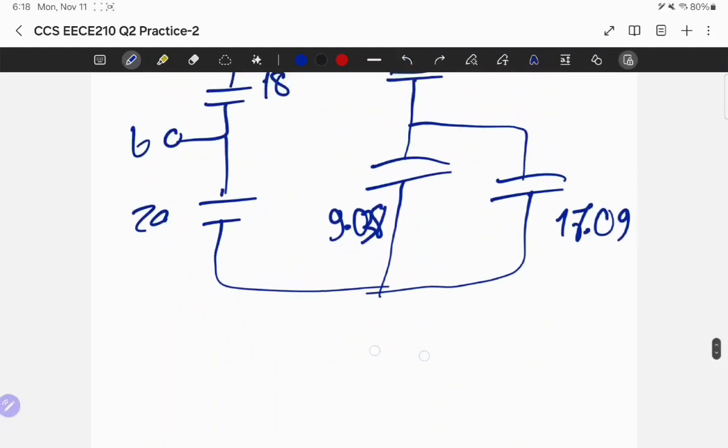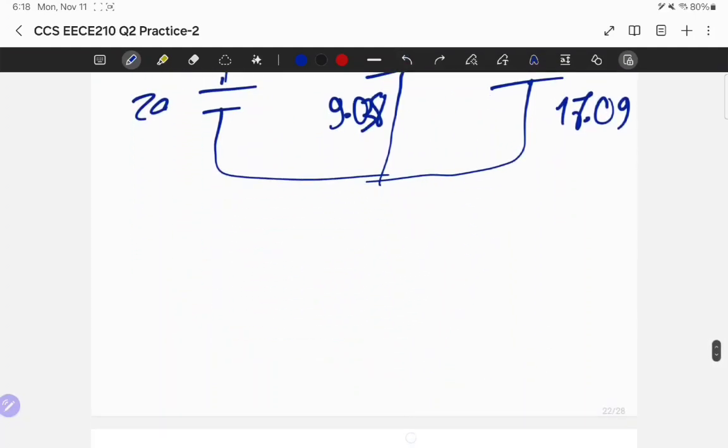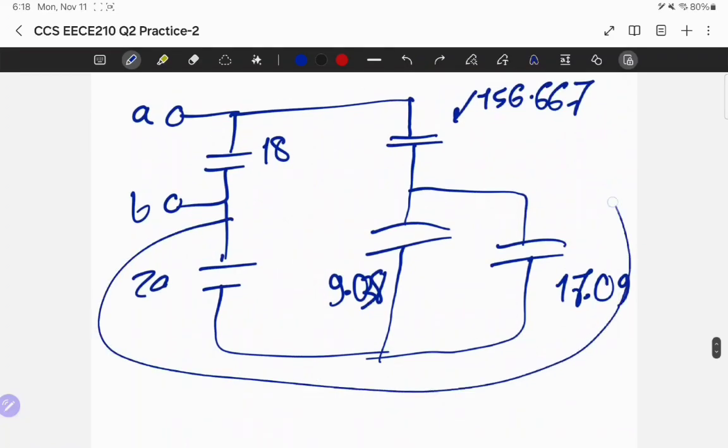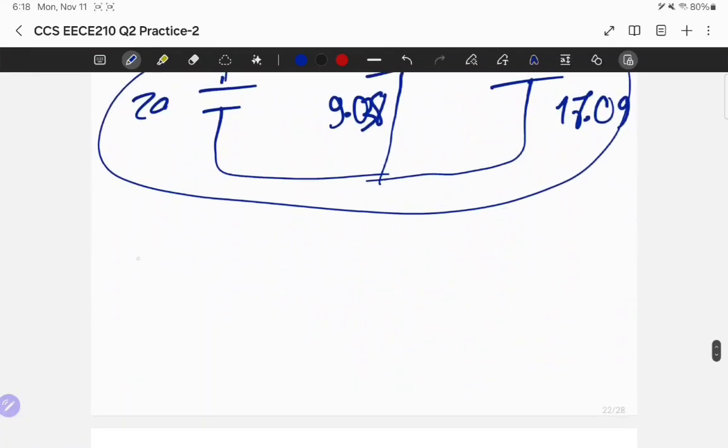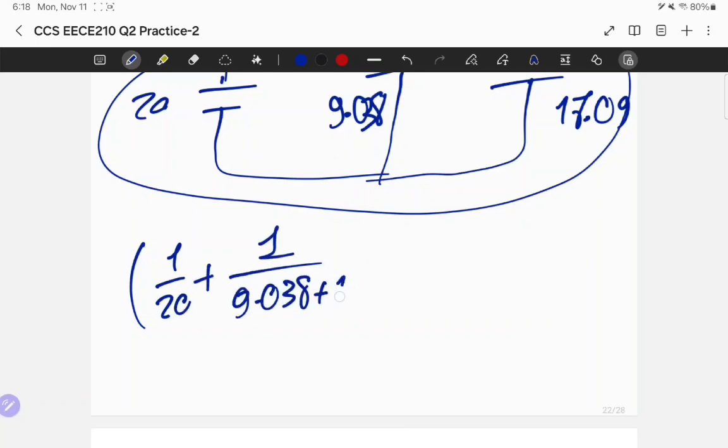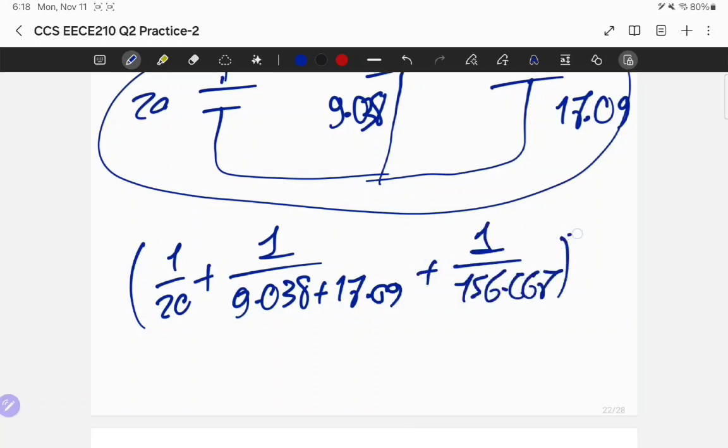I'm going to do it all in one shot. These are in series, so I have 1 over 20 plus 1 over 9.038 plus 17.09 plus 1 over 156.667, all inverted.